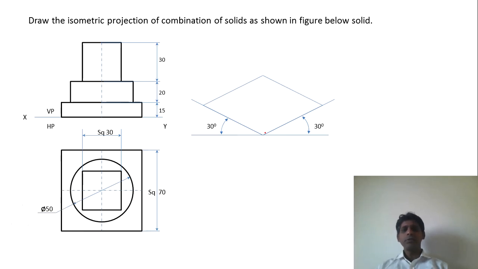So 70 into 0.816 I will measure, and from here I will mark an arc like this, and I will mark another arc on this side also, because both of these lengths are same. And to obtain this point, I will draw one arc from this point and another arc from this point, and I will join these lines. So I will get the square.